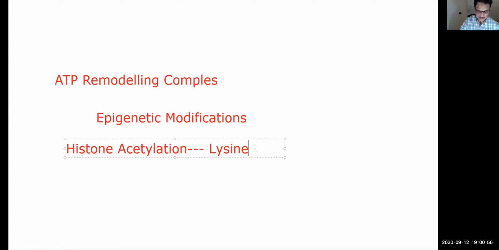And this occurs on the side chain of lysine. So when acetylation of lysine occurs on histone, this gives rise to euchromatin.